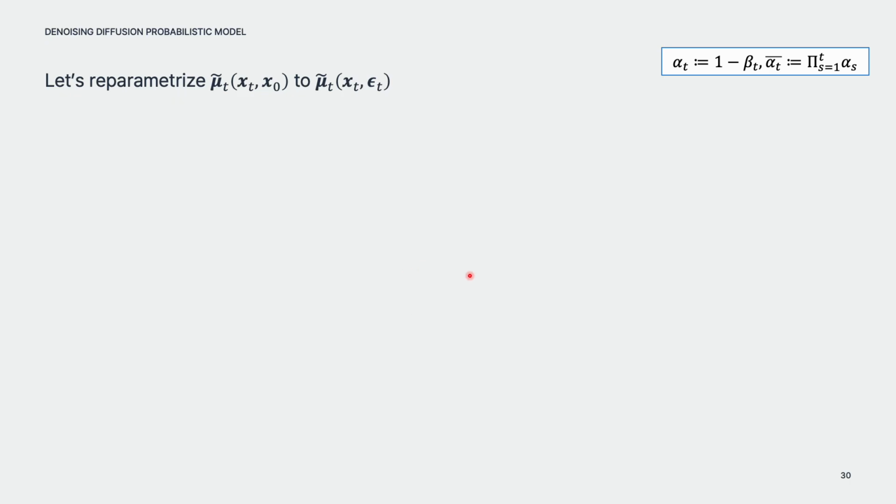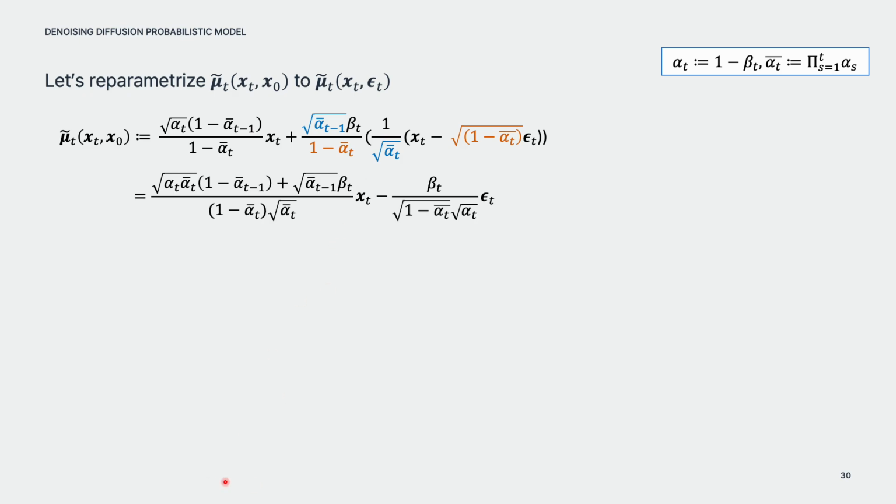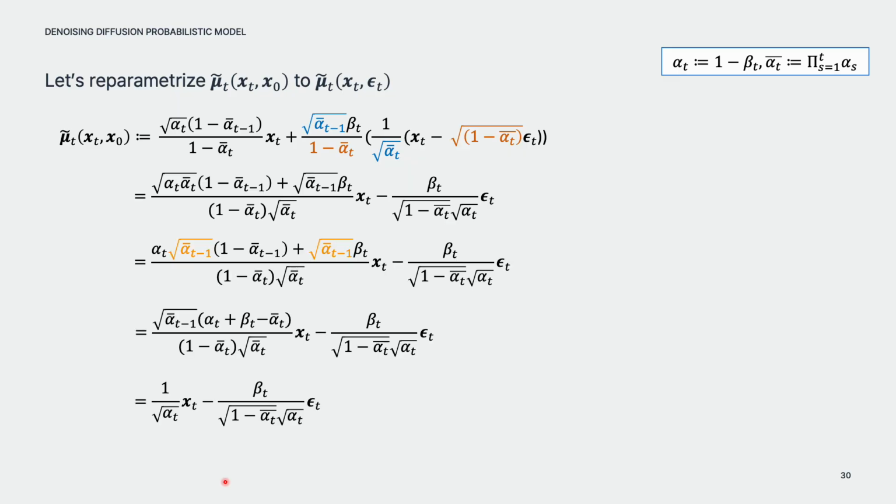Now let's combine the formula for posterior and the formula for the relationship between x0 and xt and epsilon t. So again, this is just simple math, and the color will guide you if you're confused. And now we reparameterize the formula for posterior mean as a function of xt and epsilon t, not xt and x0.